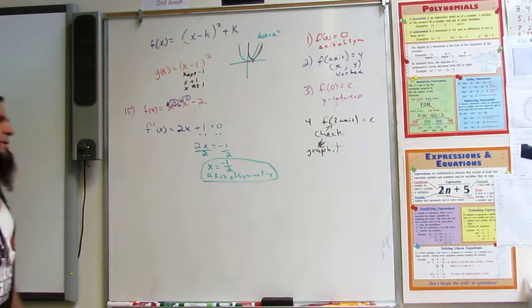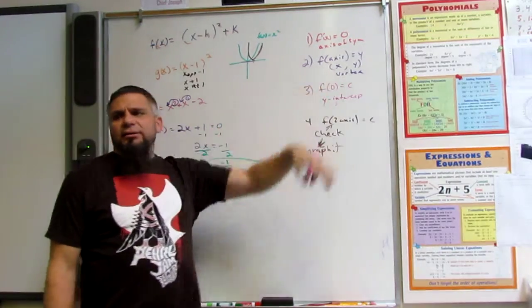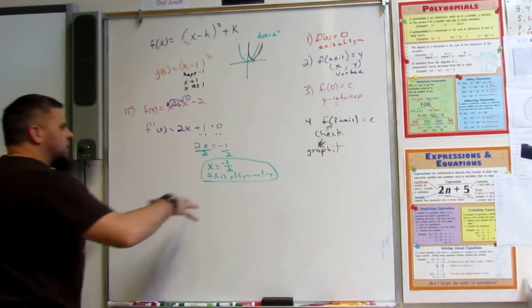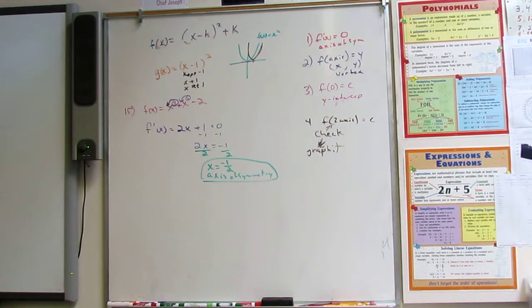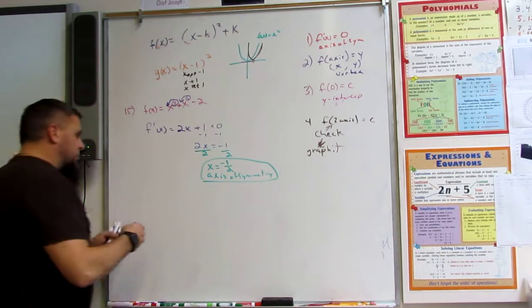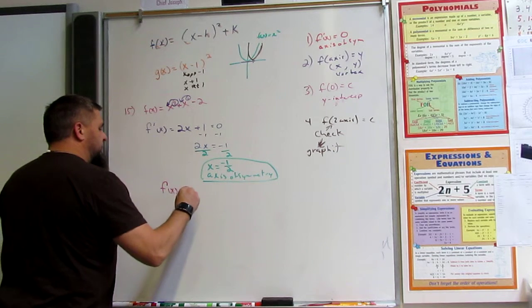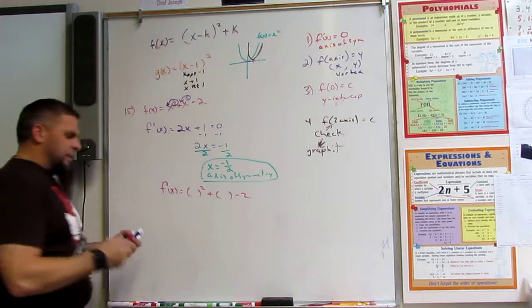Alright? Next is number 2, finding the vertex. So what I do is I just take this and plug it in to the original function. So the original function is f of x is equal to x squared plus x minus 2.